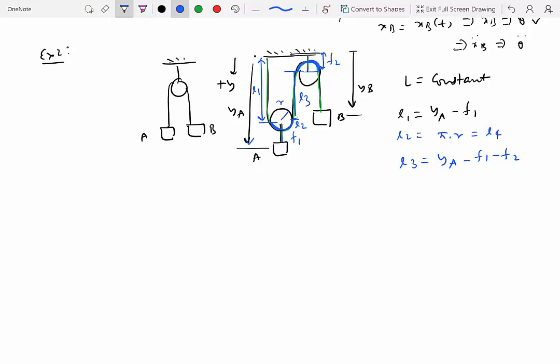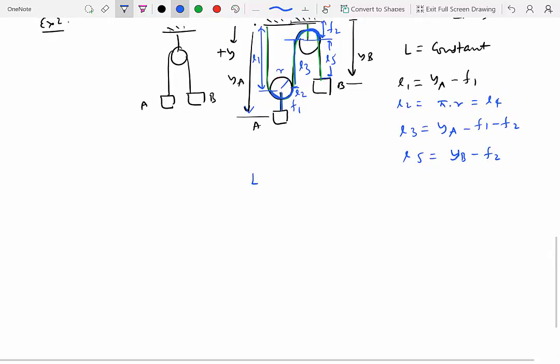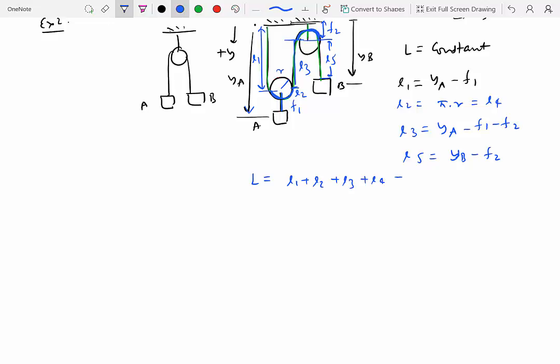And then finally, we'll have L5 going from here to here, and L5 is equal to YB. Remember, our goal is to write everything in terms of position variables. So YB minus F2. And the total length L of the cable is L1 plus L2 plus L3 plus L4 plus L5, which is constant.